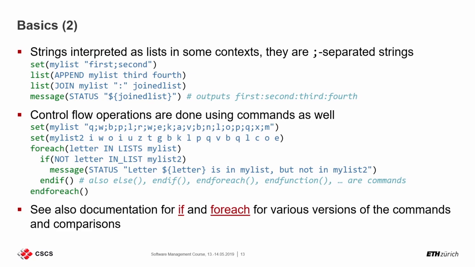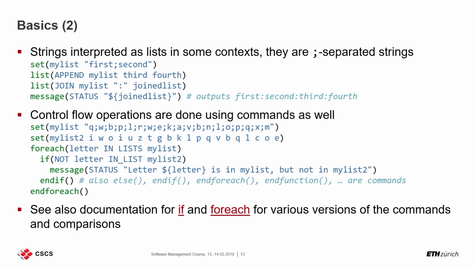You have another list command. We can say join my list. So you join all the entries with this separator, and you get another string. This time it's not a list, because it's not the semicolon-separated string but a colon-separated string, so it's not a list, but what you get here is this output.